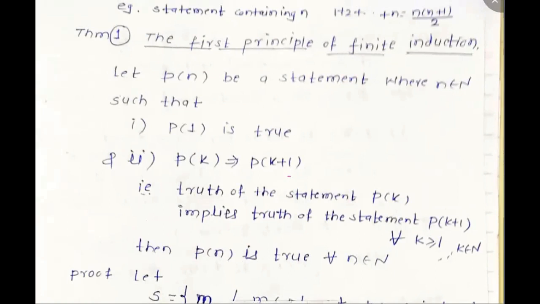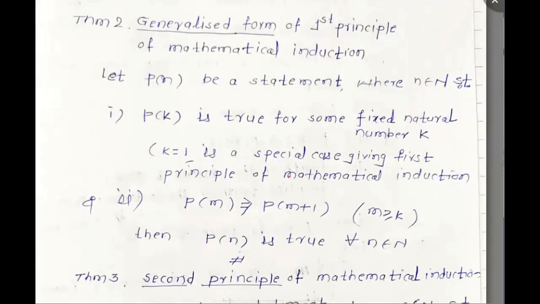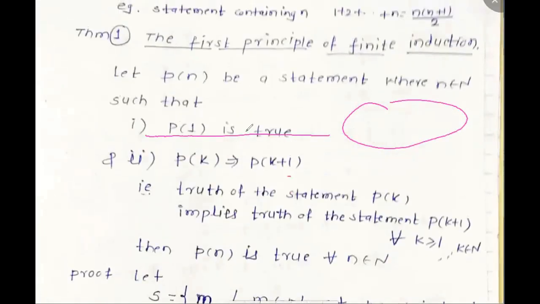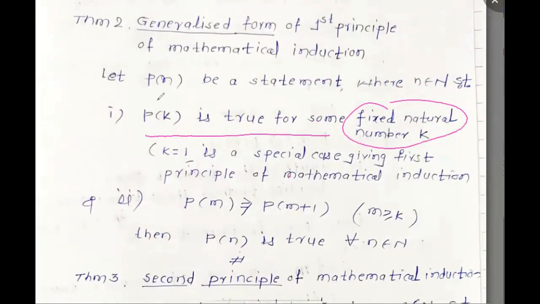Now what is the generalized form of the first principle? Let Pn be a statement containing the natural number n such that P of k is true for some fixed natural number. Now instead of P of 1 is true, we are writing that P of k is true.